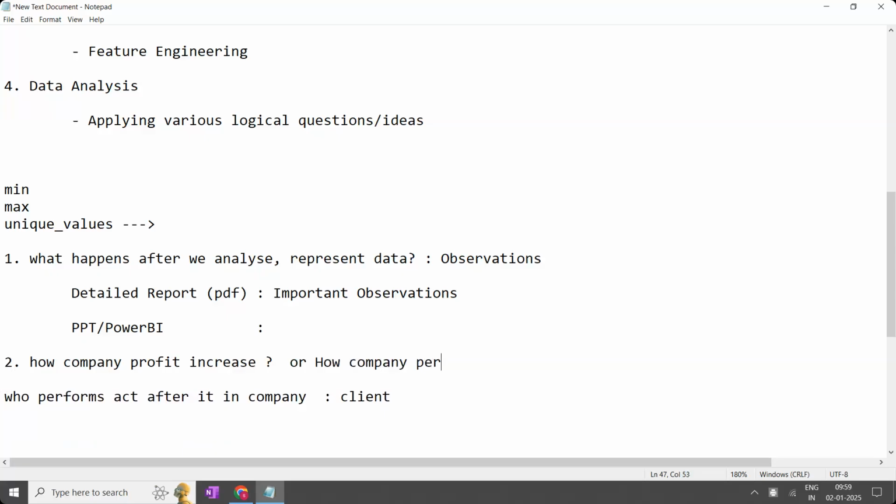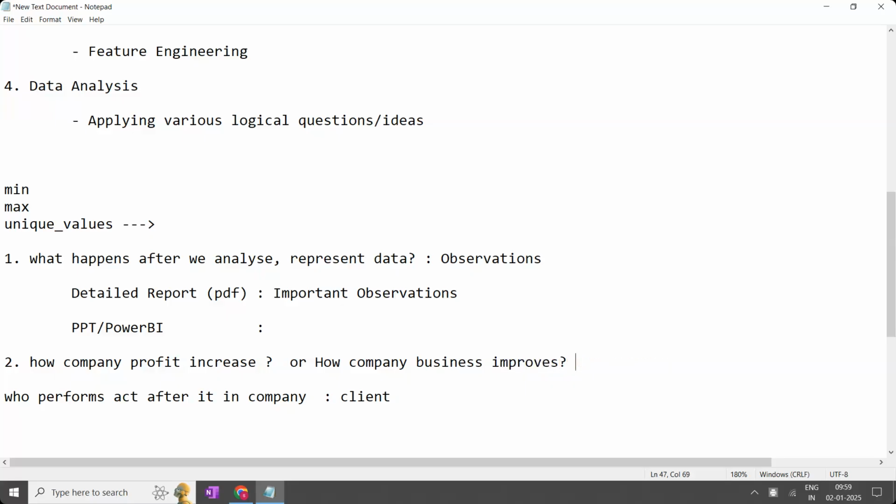That performance might be in profit, or it might be in employee details, employee satisfaction, HR analytics. So how the company's performance or the business improves.